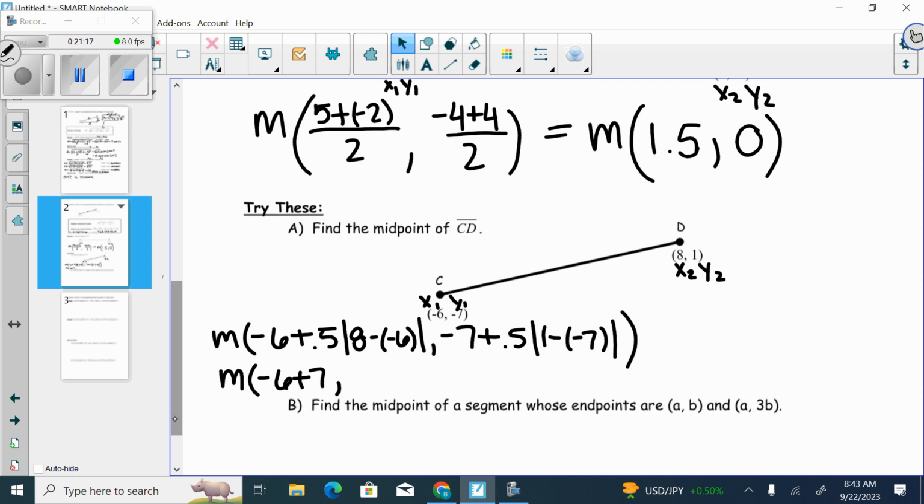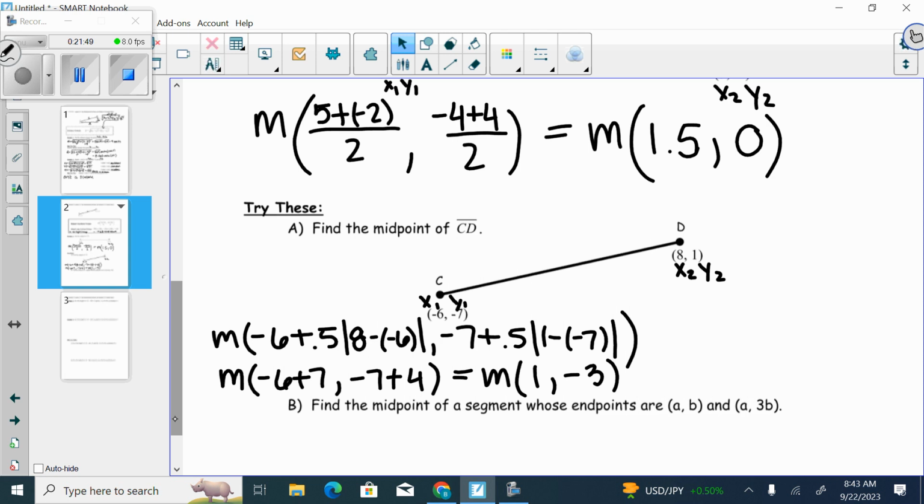So I got 1 plus 7, which is 8, and the absolute value of 8 is just 8, and 8 times a half is 4. So I have -7 plus 4. Okay? So what is my x value? 1. And what's my y value? Very good. So the midpoint would be at 1, -3.